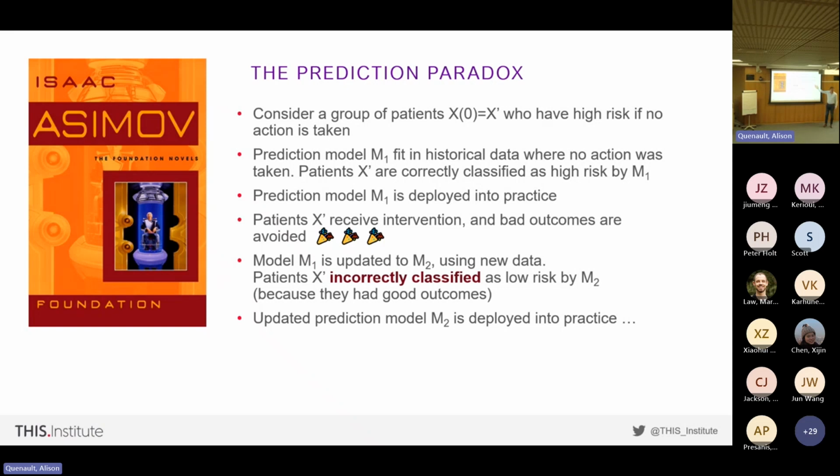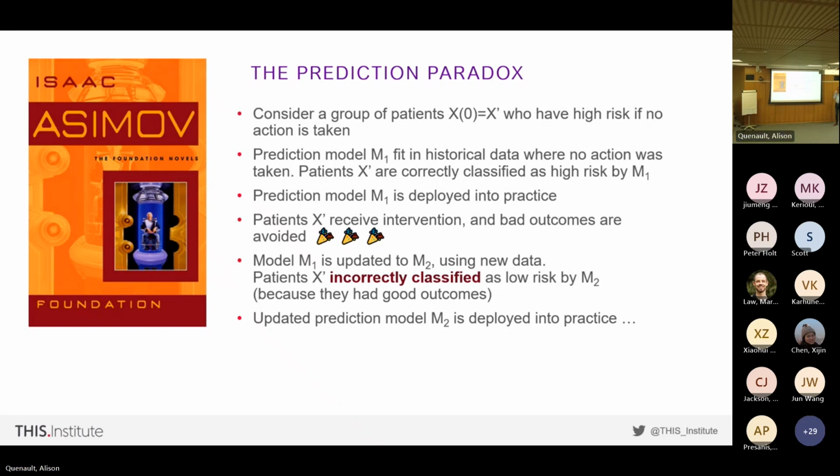So these patients start receiving an intervention and bad outcomes are avoided, which means that if we now fit a model to the new data, they would be incorrectly classified as having low risk because they have good outcomes. And if we then deploy that model in clinical practice, obviously, those patients would be at risk of being undertreated.